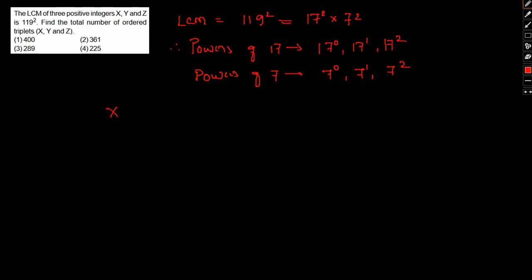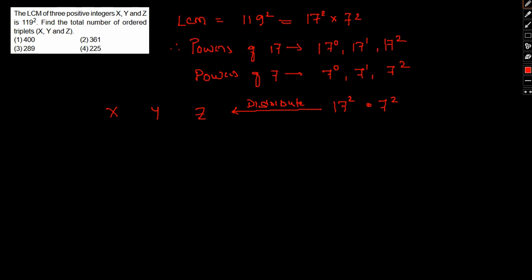Now we have three variables, basically three numbers in general. We have x, we have y, and we have z. And then we have to distribute 17 square and 7 square between them.